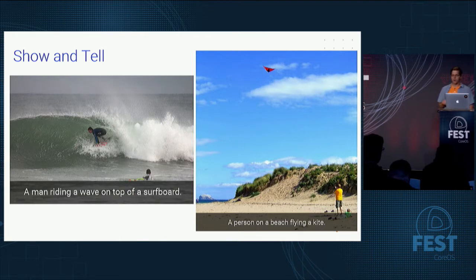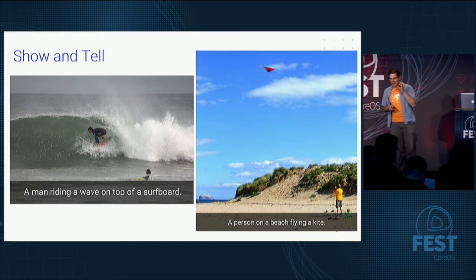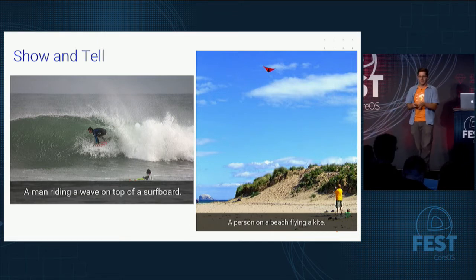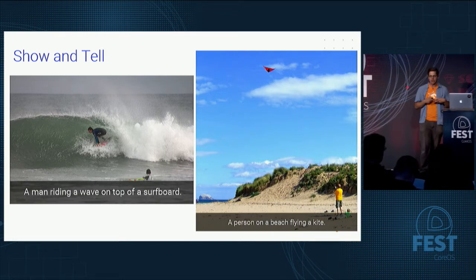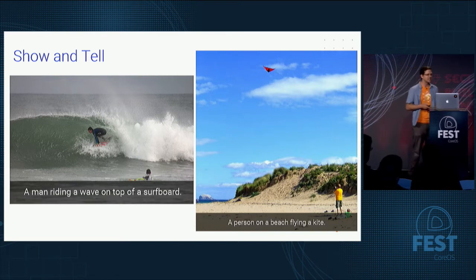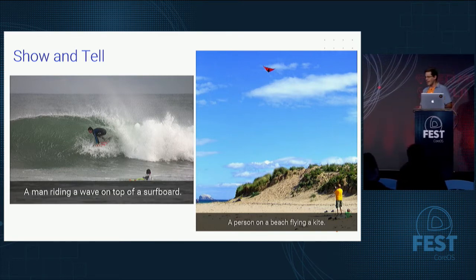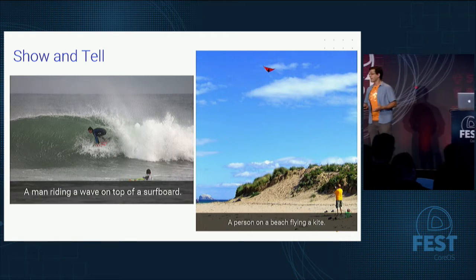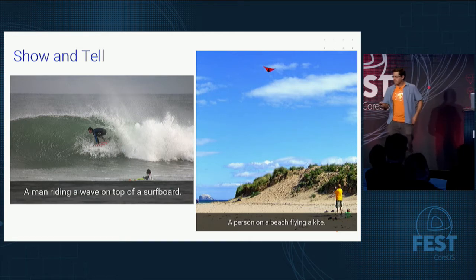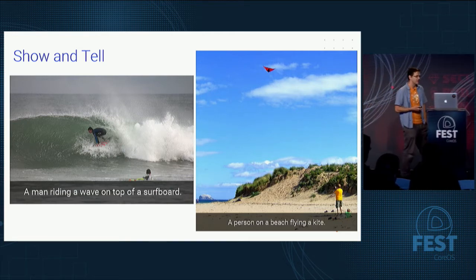And using these as building blocks for harder problems, here's one really interesting example. This is a model called Show and Tell. It makes computer-generated captions. On the slide, we see, on the left, a man riding a wave on top of a surfboard. I might have said he was riding the surfboard. And on the right, we have a person on a beach flying a kite.